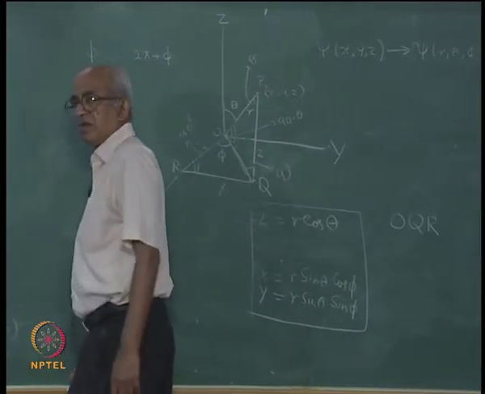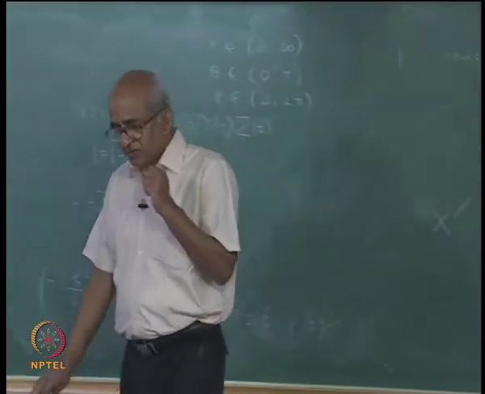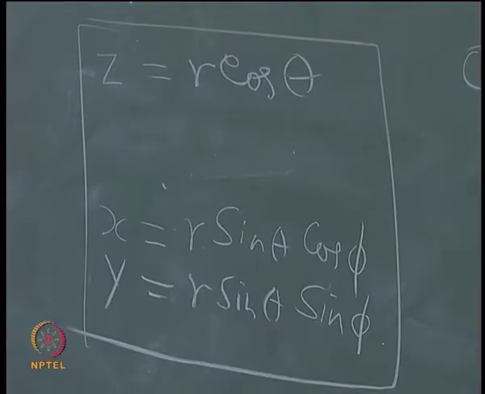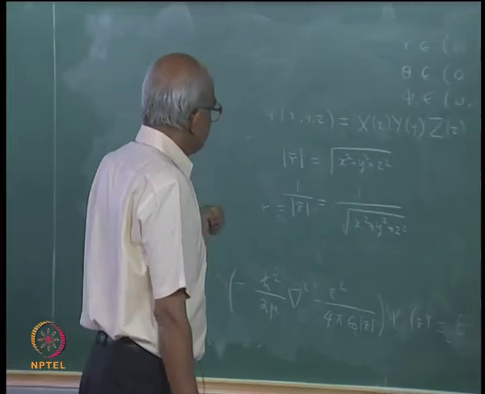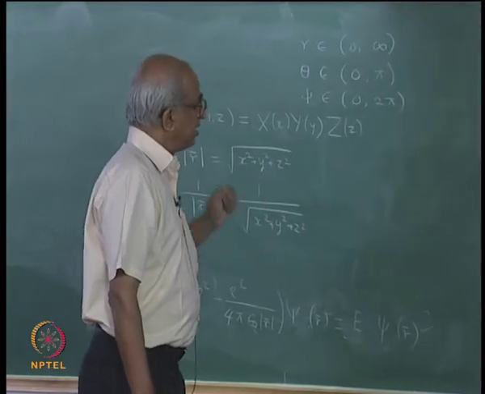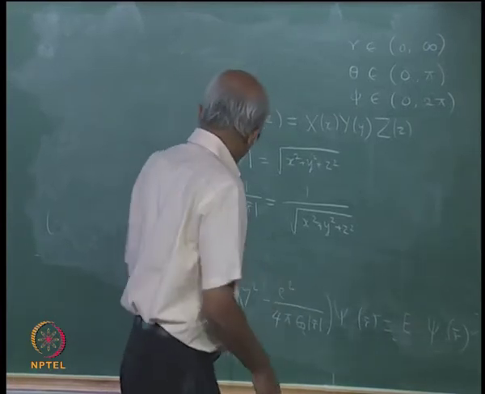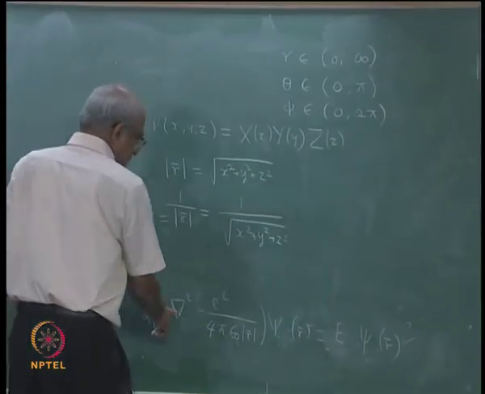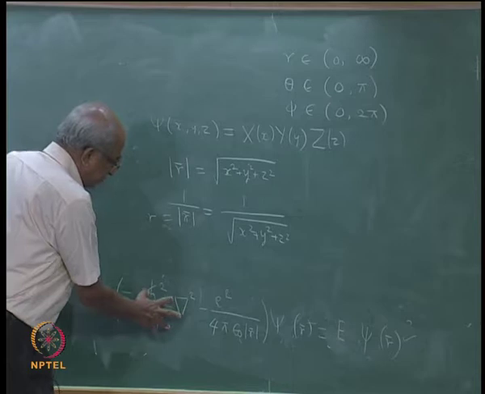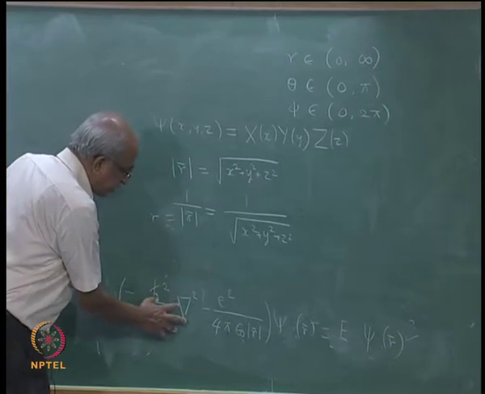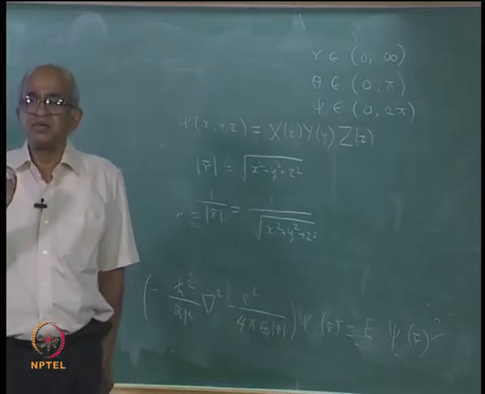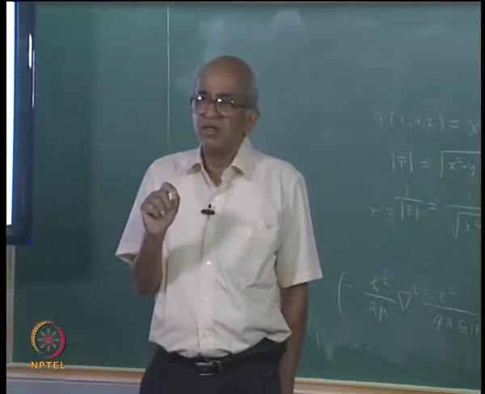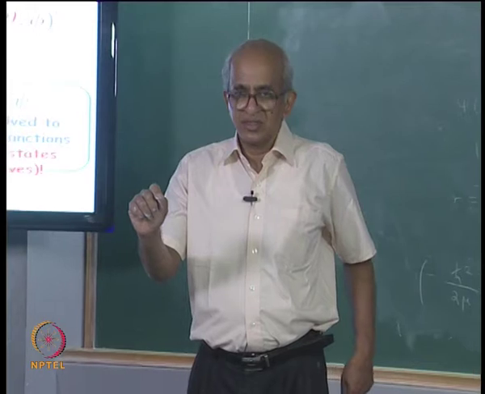Correct. What is it that I want to do? I want to change from Cartesian coordinates to polar coordinates. Now, when you look at the equation that I want to solve, what is the equation? The equation is written here, H psi is equal to E psi, but when you look at this equation, you would realize that there is del square there. What is del square? Del square involves partial differentiation with respect to x, y and z.